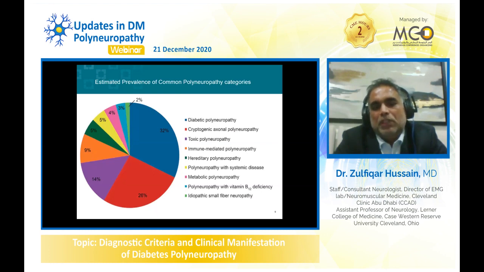From this 26% group, about 10 to 15% of patients turn out to be pre-diabetic if they have a 2-hour glucose tolerance test done. After these two groups are followed by toxic polyneuropathy, immune-mediated polyneuropathy, hereditary, and the other groups, as you can see.